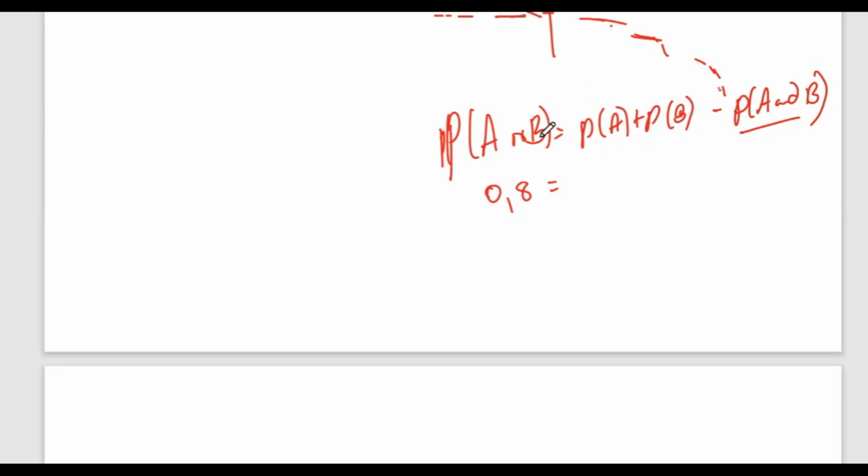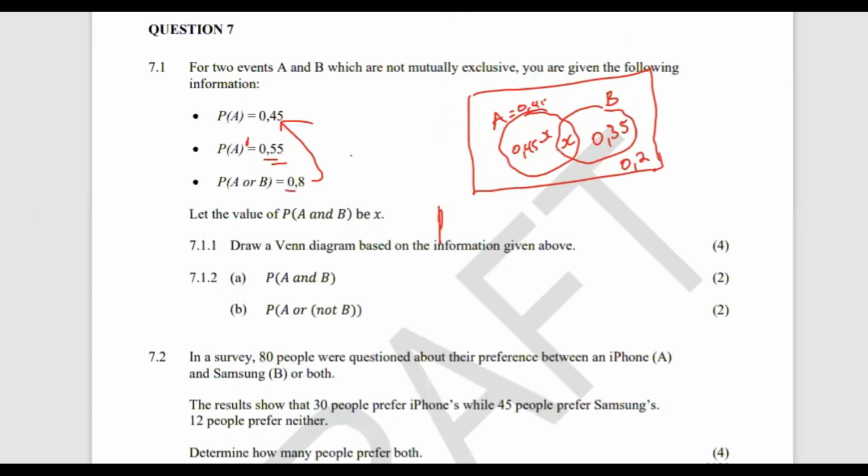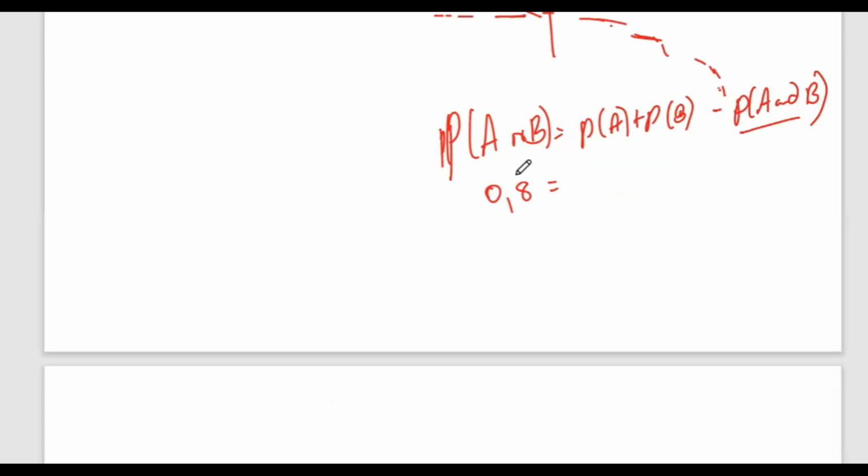So this, I'm saying 0.45 minus X. It's okay. 0.45 minus X. This is 0.35 plus X. And then this is going to give me minus X. Let me try to use this side.